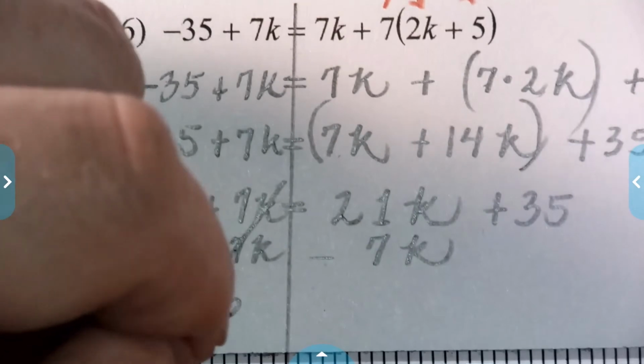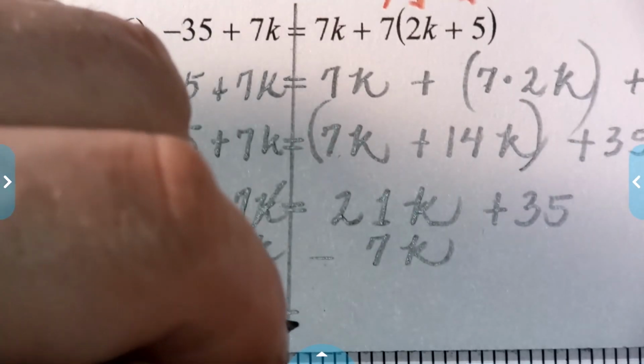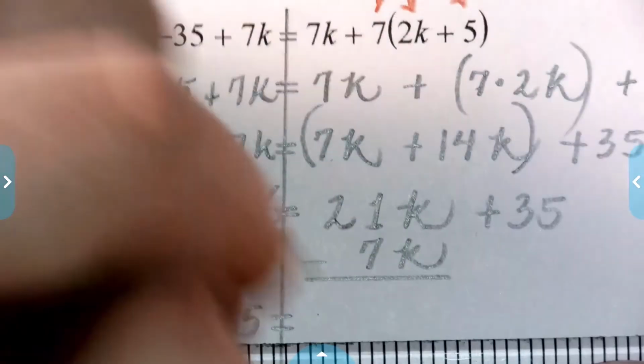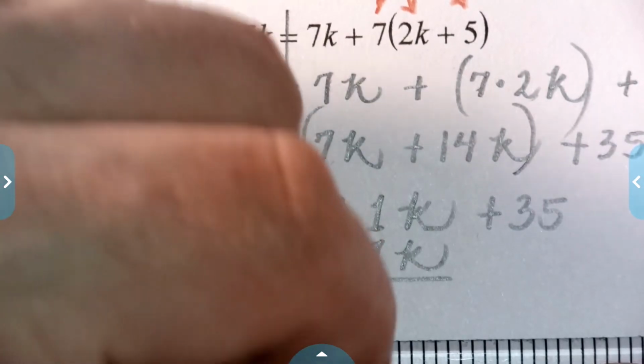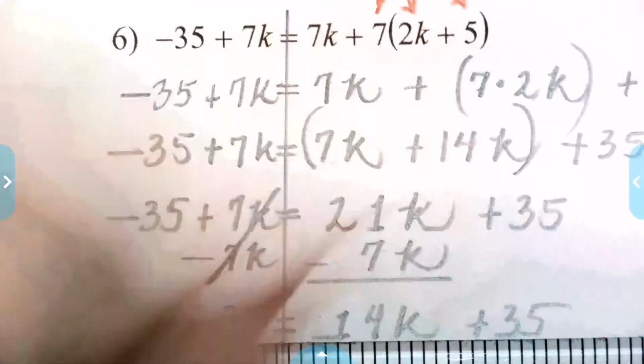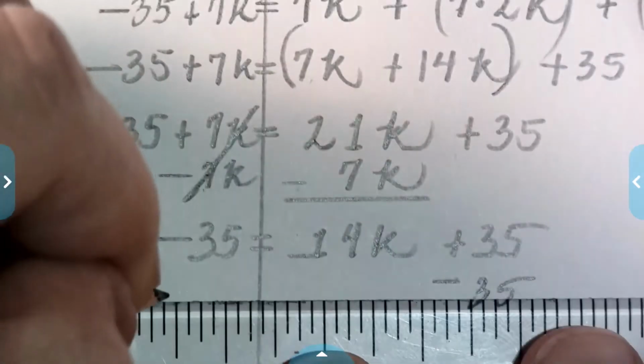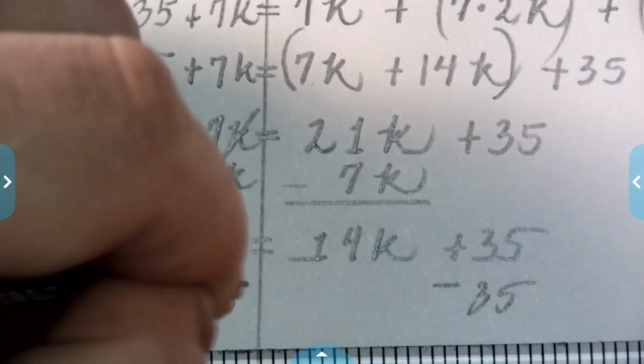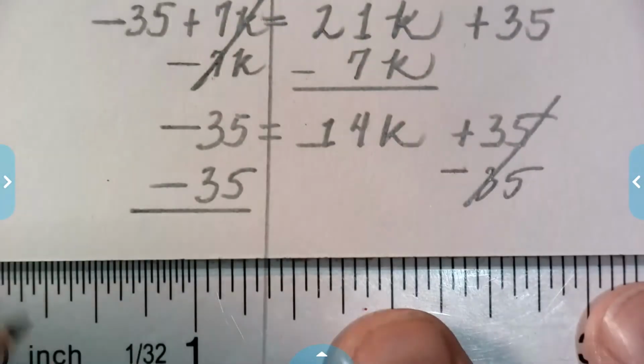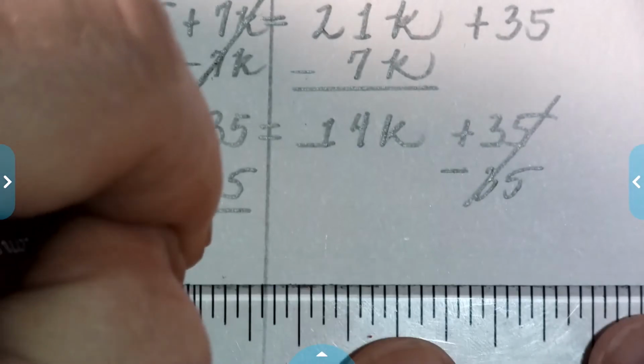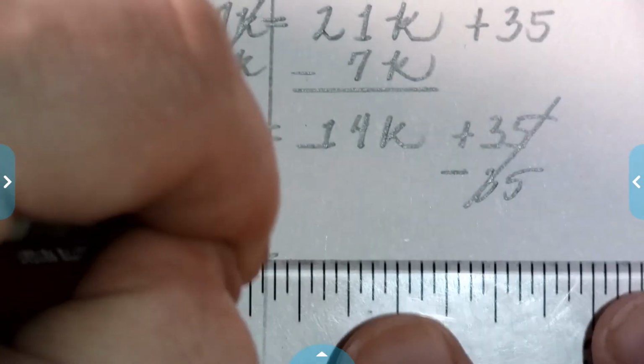Now we have negative 35 equals 14k plus 35. Now I'm going to subtract 35 from both sides. On the right, those cancel, but over here I've got negative 70 equals 14k.